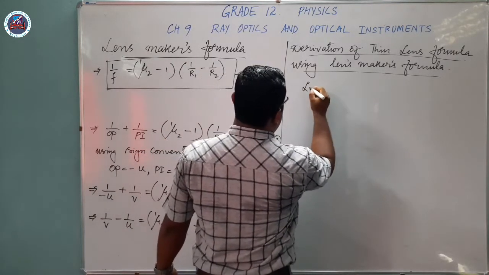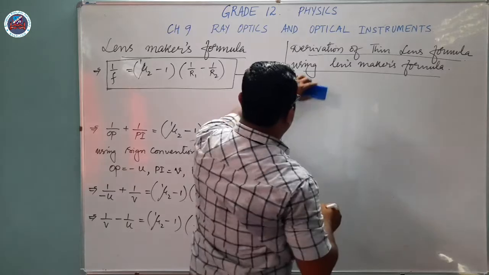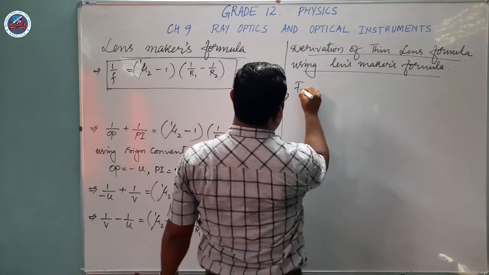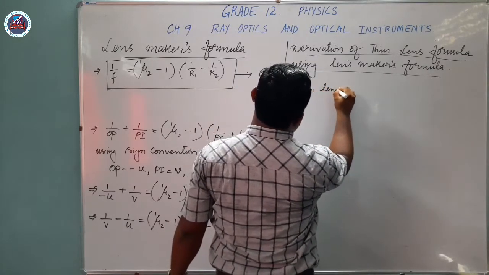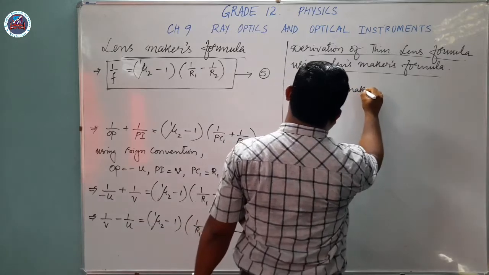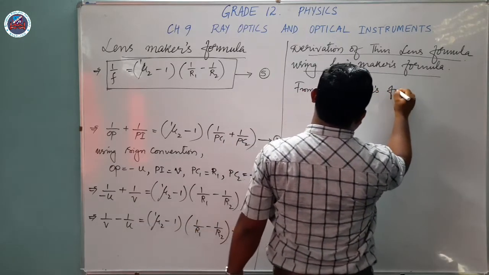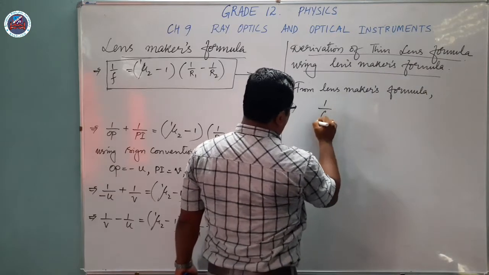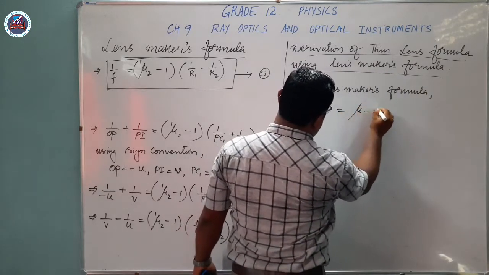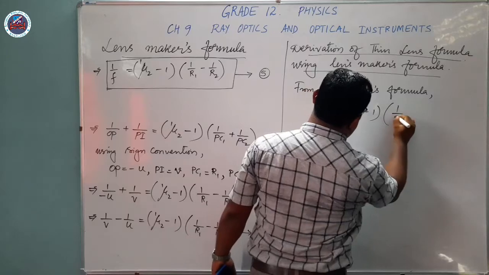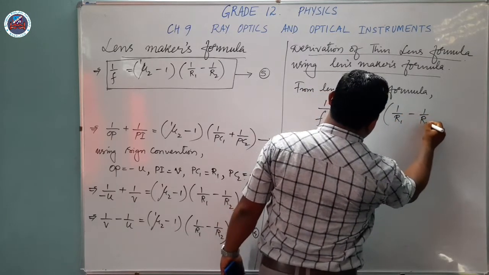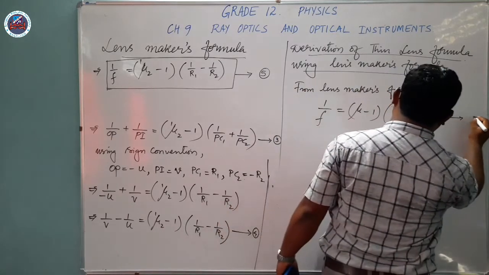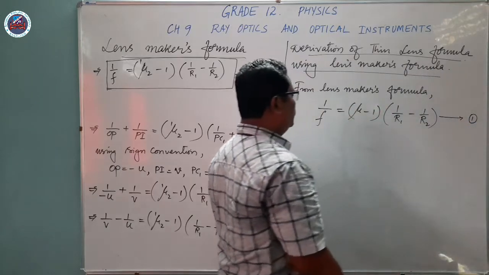From Lensmakers formula, 1 by f is equal to (mu minus 1) into (1 by r1 minus 1 by r2). We mark this as equation number 1.